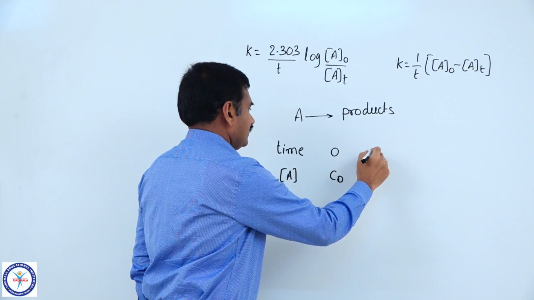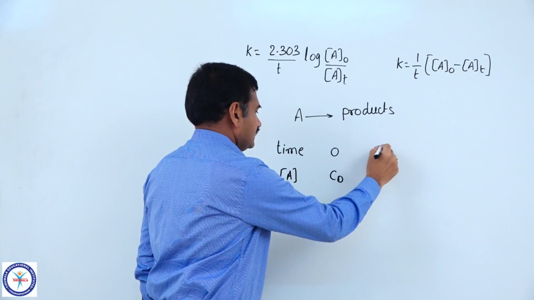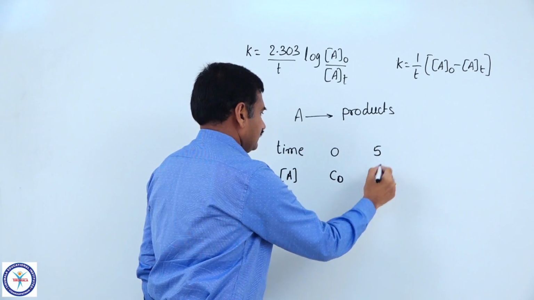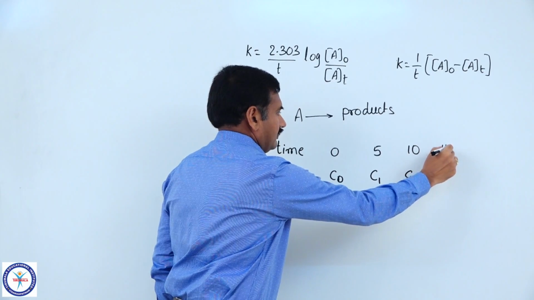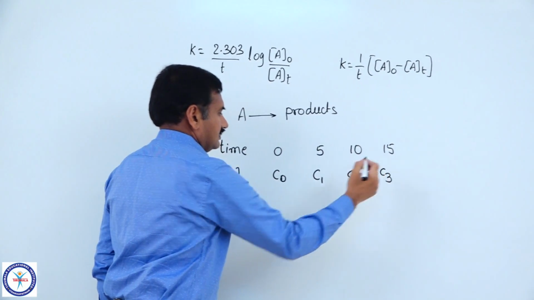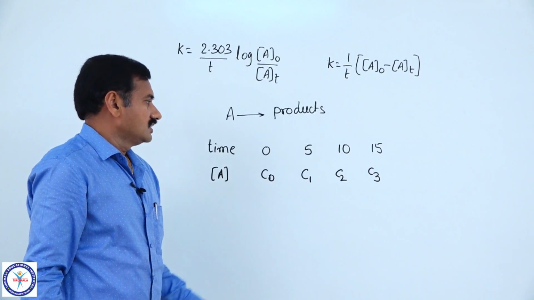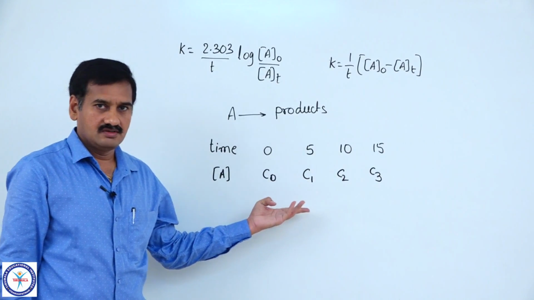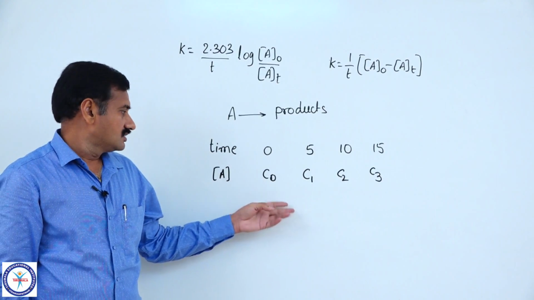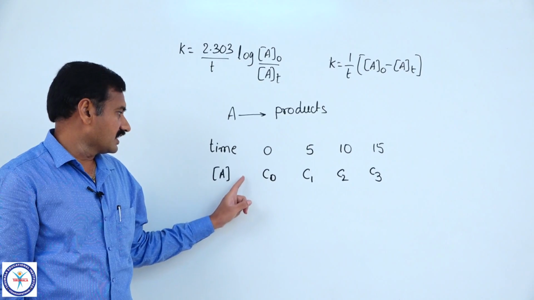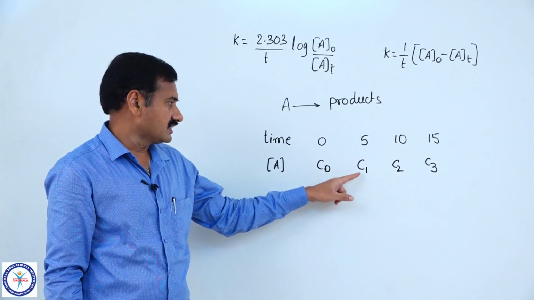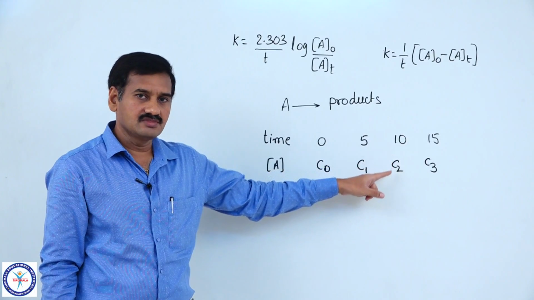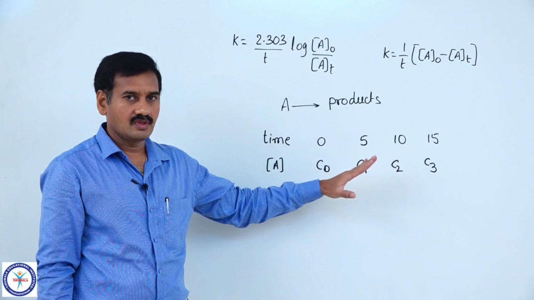At time t equal to 5 minutes, the concentration is some C1, at 10 minutes C2, at 15 minutes C3. If this is the information known to us, means the initial concentration of reactant is C0, at 5 minutes the concentration is C1, at 10 minutes C2 and so on.